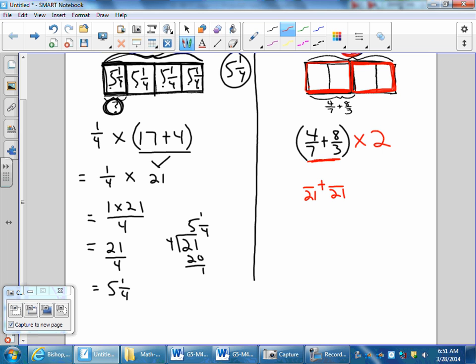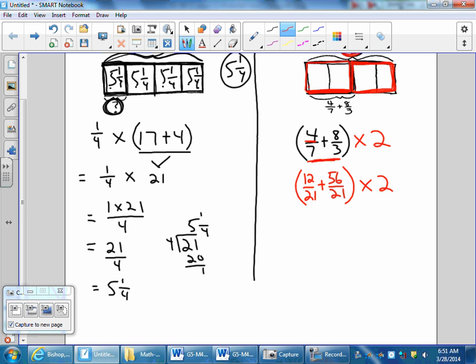I multiplied 7 by 3, so I must multiply the 4 by 3, and I get 12 21sts. I must multiply the 3 to get 21 as a denominator, so I must multiply the 8 by 7 to get 56 21sts.